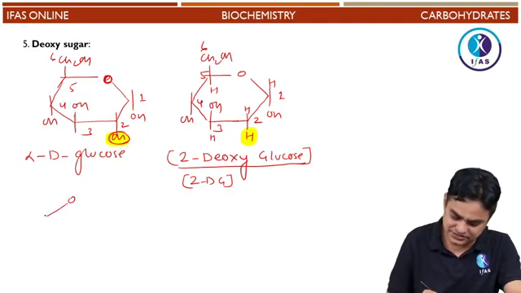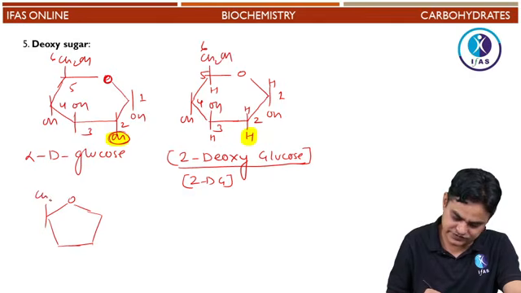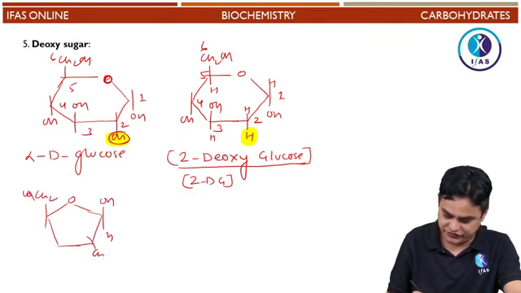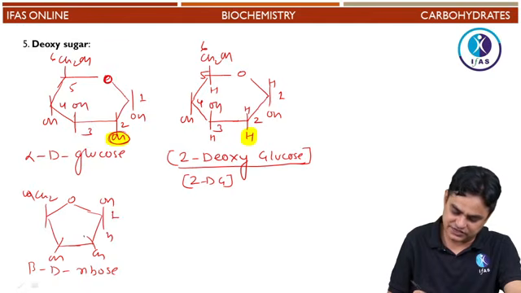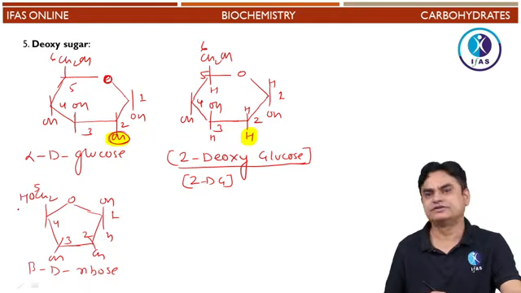Similarly, this is a 5-membered ring structure of beta D-ribose. This is first carbon, second carbon, third carbon, fourth carbon, fifth carbon, where there is CH2OH.